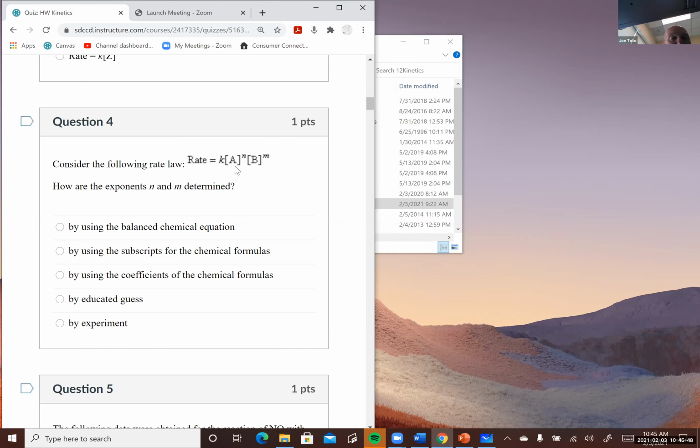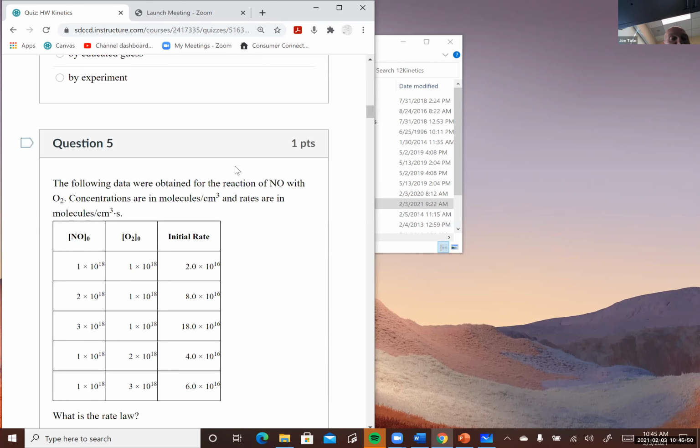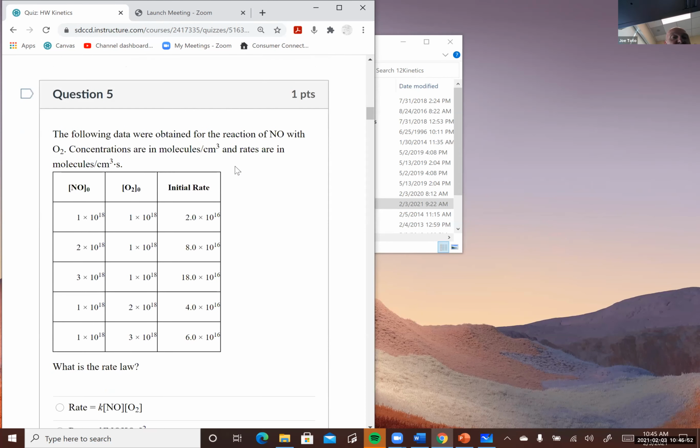All right. Now we get to some examples of what we were playing around with a little bit. In question 5, the following data were obtained for this reaction of NO with O2. Concentrations are in molecules per cubic centimeter, so it's molecules per volume.